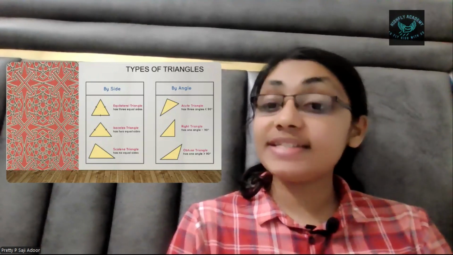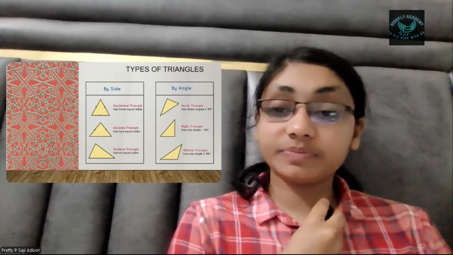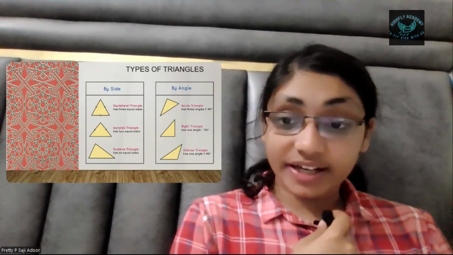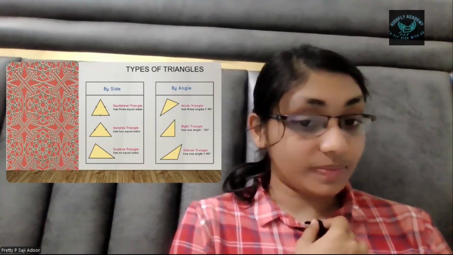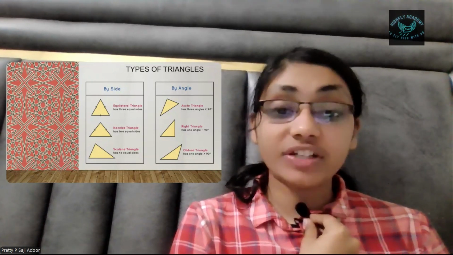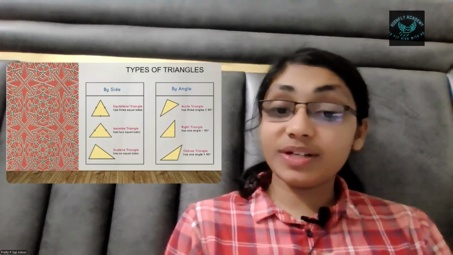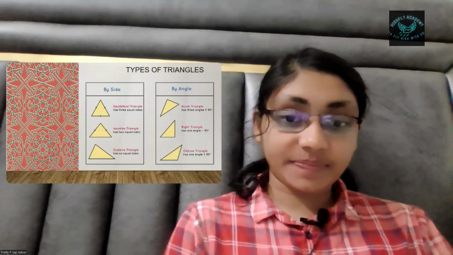And the third one is the scalene triangle. What is a scalene triangle? In a scalene triangle, no sides and no angles are equal. That is, all the sides and all the angles have different measurements. This was all about types of triangle on the basis of sides.